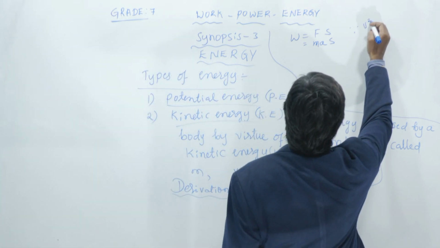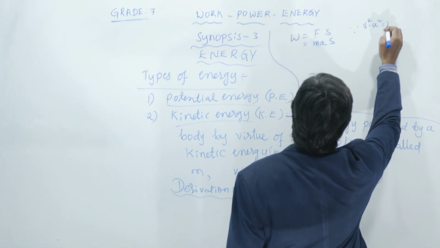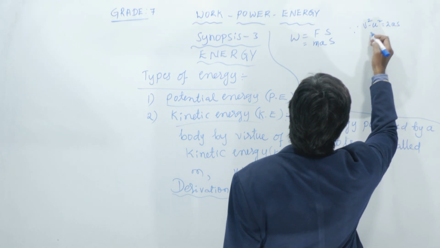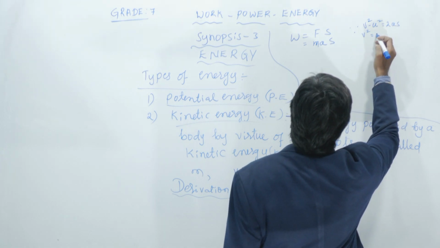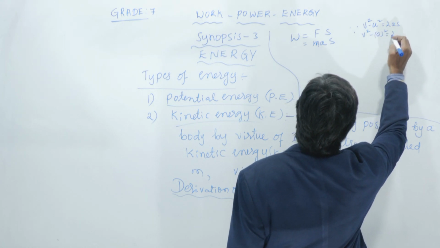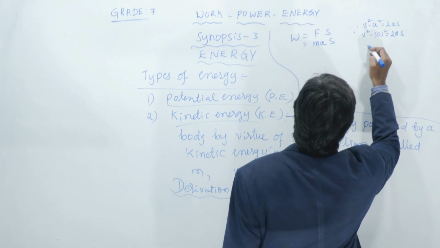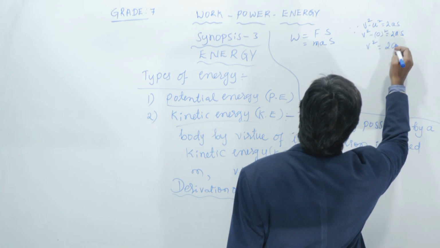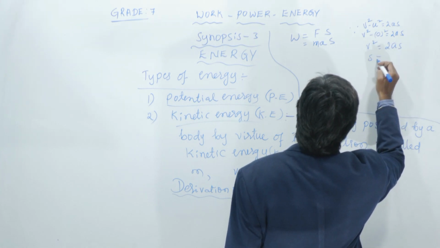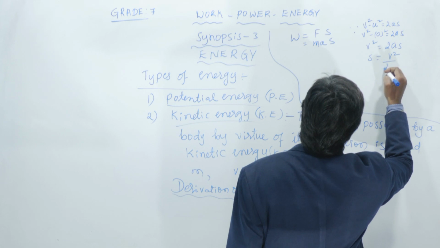So v square minus 0 square is equal to 2 into a into s. So v square is equal to 2as, and s is nothing but v square by 2a.